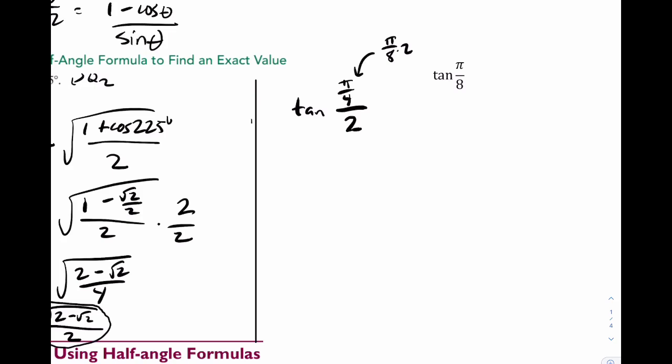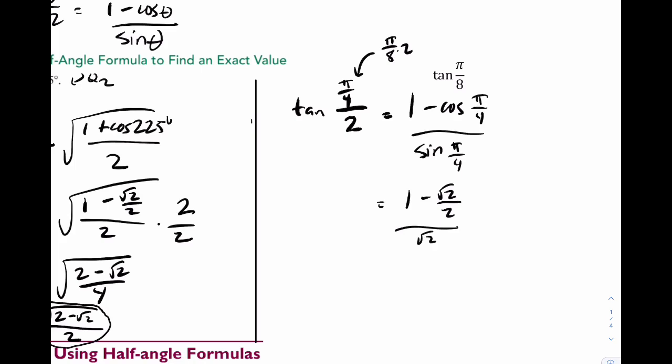So notice how that is the same thing as pi over 8. Pi over 4 over 2 is pi over 8. Now apply the formula, 1 minus cosine pi over 4 over sine pi over 4. And now we have 1 minus root 2 over 2 over root 2 over 2.